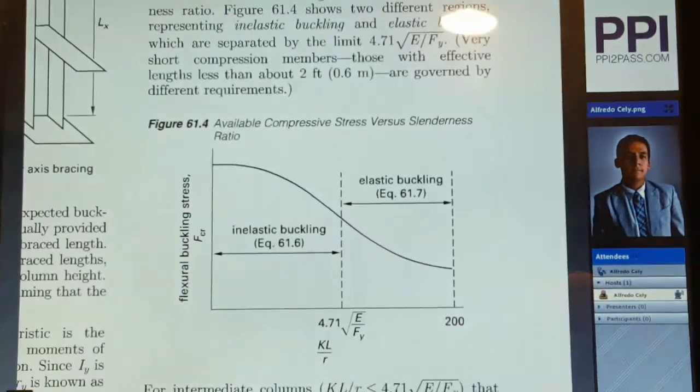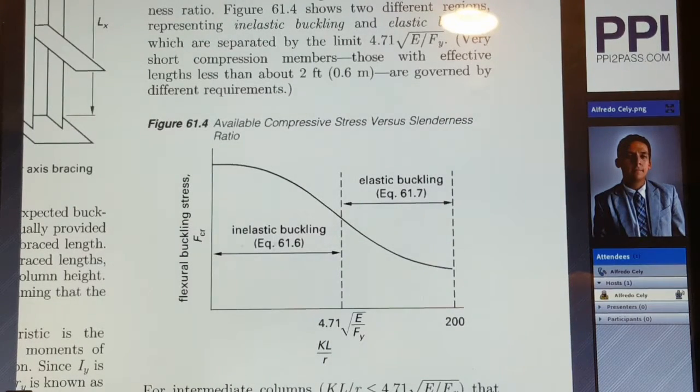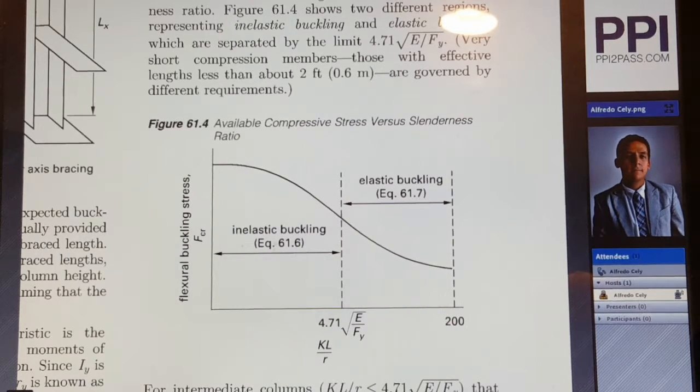Now here we have figure 61.4 that shows us the actual compressive stress versus the slenderness ratio. On the vertical axis, we can see the flexural buckling stress, while on the horizontal axis, we can see the slenderness ratio.